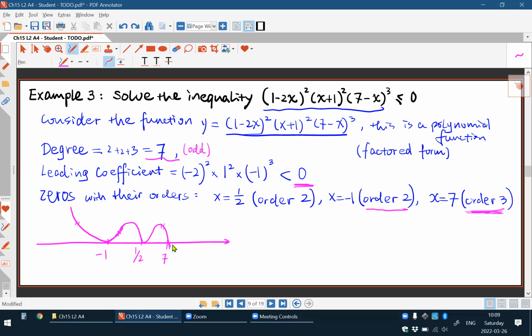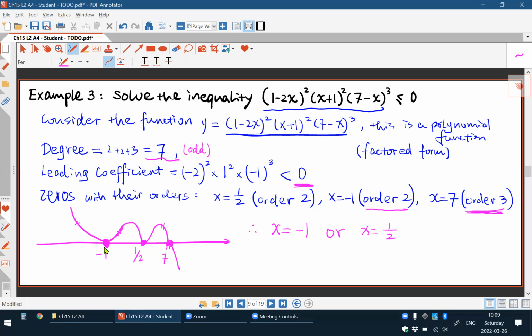Is to find any interval that can make this function less than or equal to 0, right? So let's check which interval can make this function less than or equal to 0. First of all, x can be -1. Then x can also be 1/2, right?